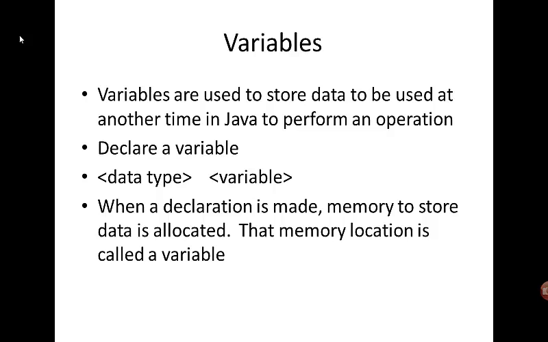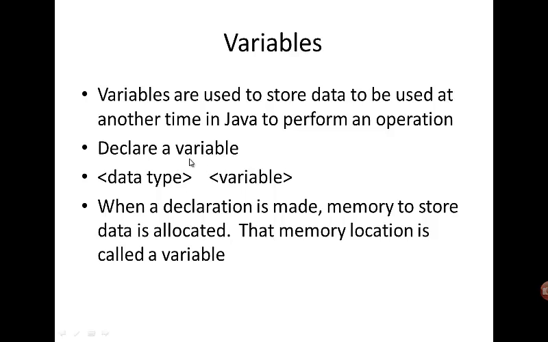We have been using variables. Again, variables are used to store data to be used at another time in Java to perform an operation. To use a variable, you need to declare it first. When you do that, you need to pick a data type and give the variable a meaningful name. When a declaration is made, memory to store that data is allocated.